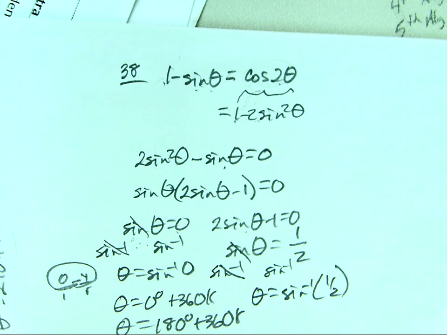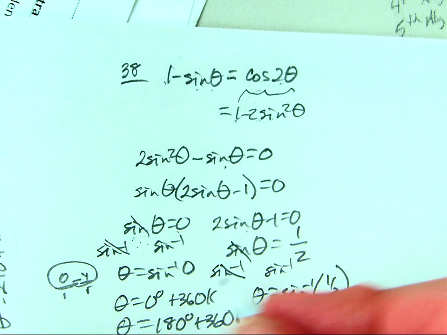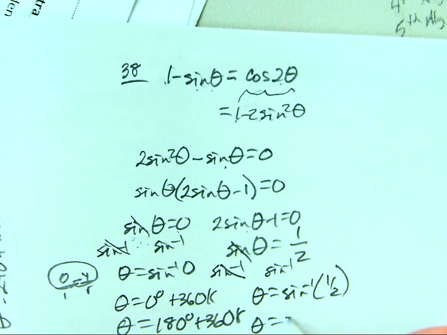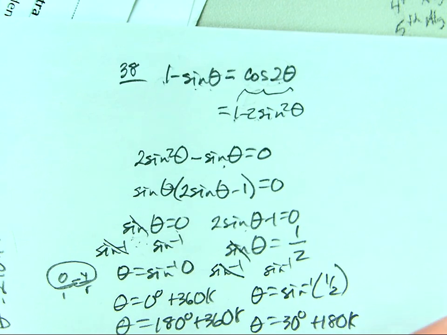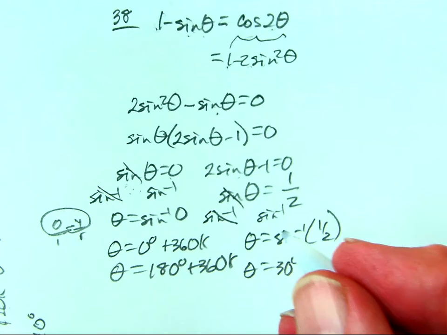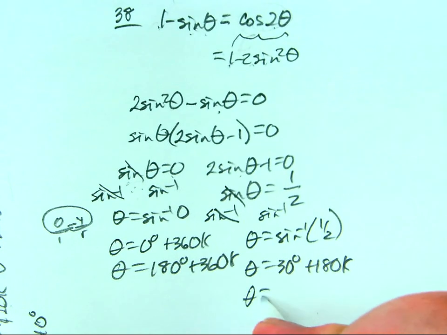Well, if the sine is 1/2, that's 30 degrees. So that's 30 degrees plus 180k. We also want to put 30 in the second quadrant. That's 150 plus 180k.